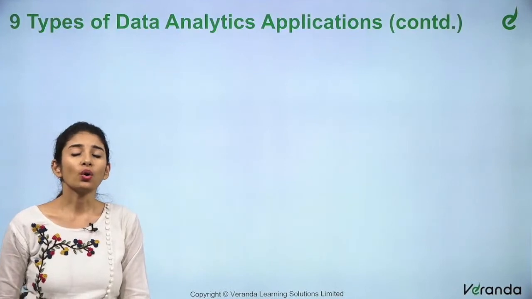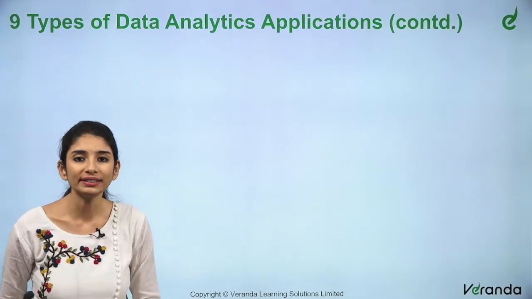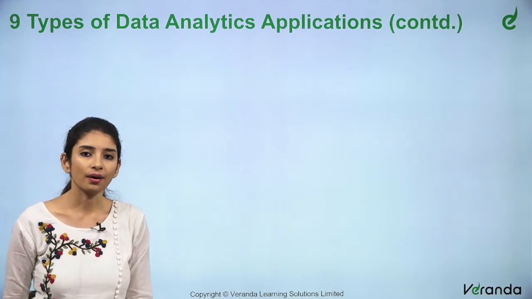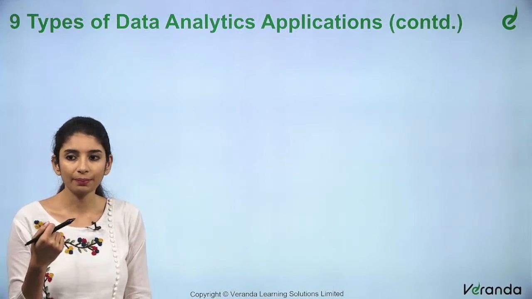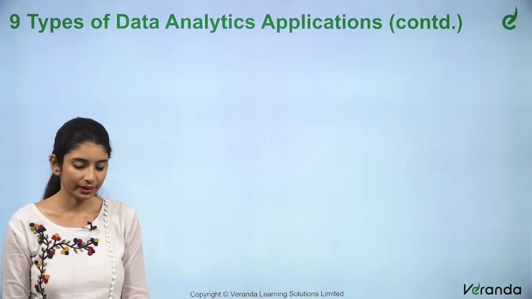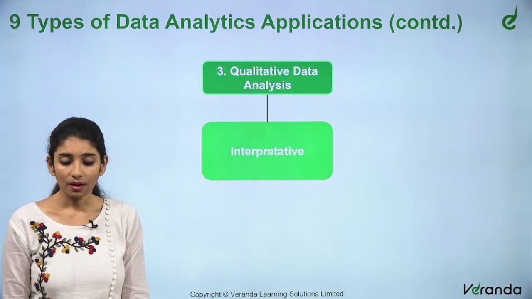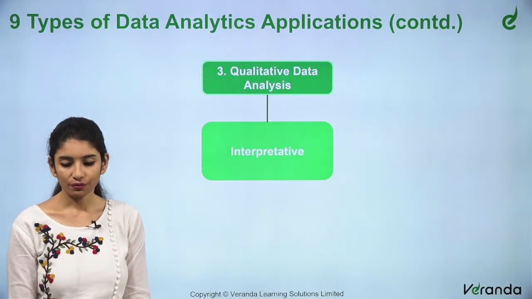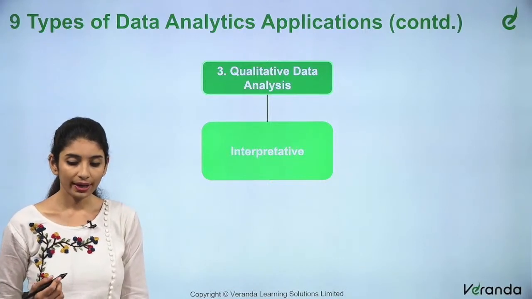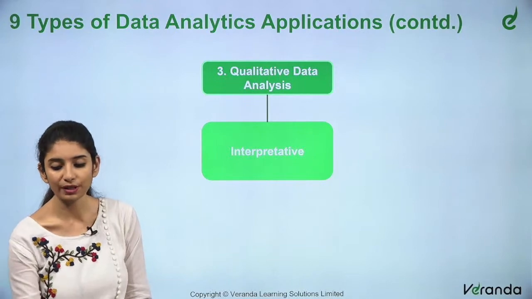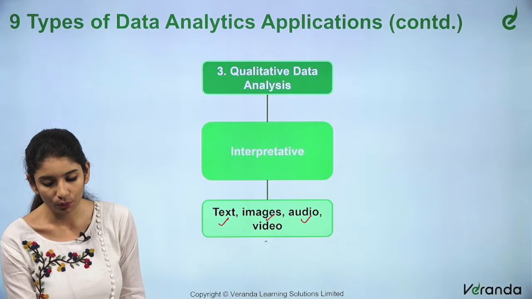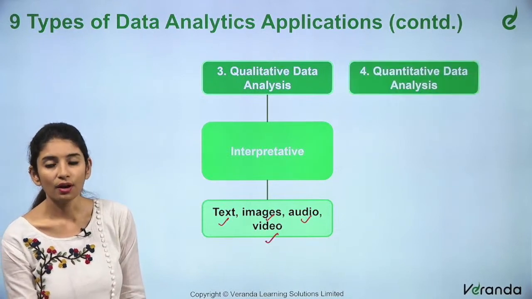Next two are qualitative data analytics and quantitative data analytics. Qualitative helps in finding some values or qualities in data. It is interpretative in nature. For example, in lehengas, pastel colors are moving right now. So, some kind of qualitative aspects of data. It uses text, image, audio, video to understand data.